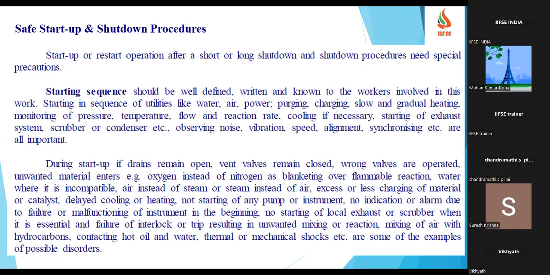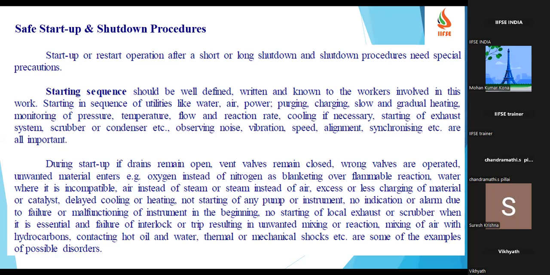So initially we'll start heating up the vessel, then gradually we have to increase. We should not give sudden heating. And then monitoring of pressure, temperature, flow and reaction rate, and cooling if necessary.